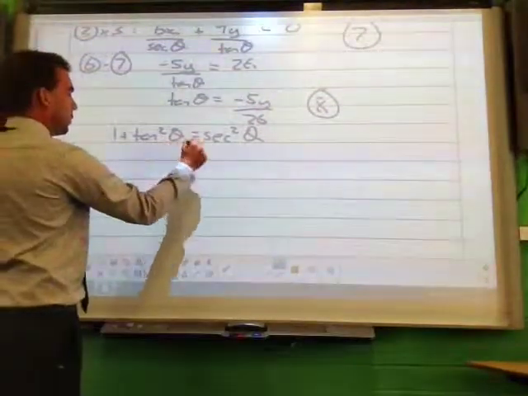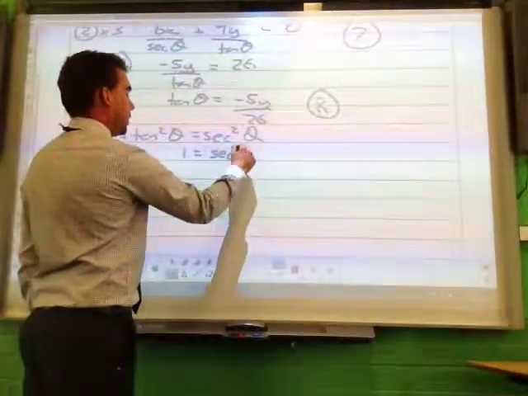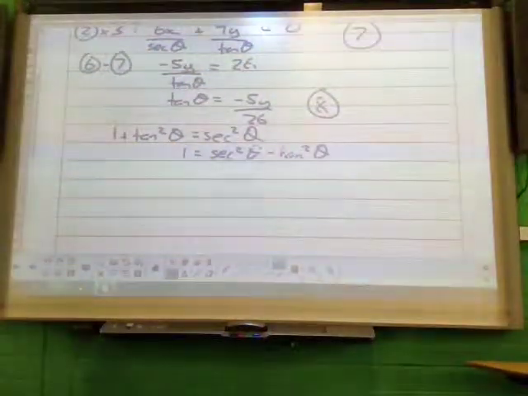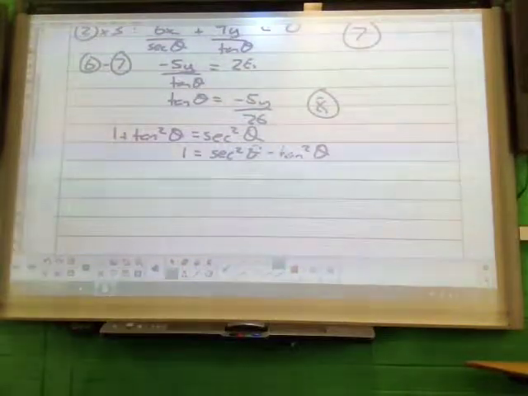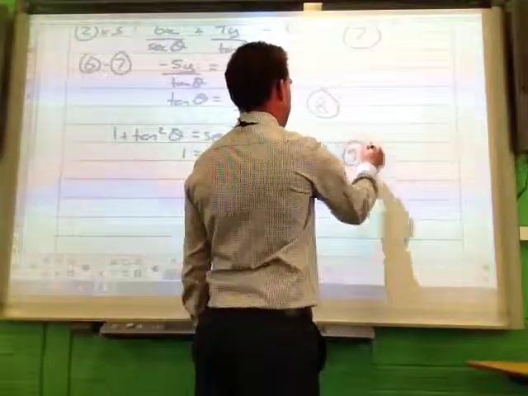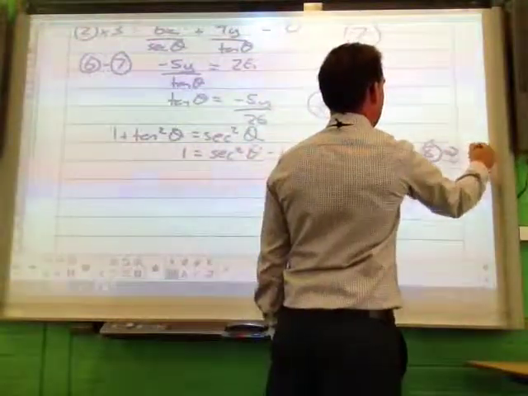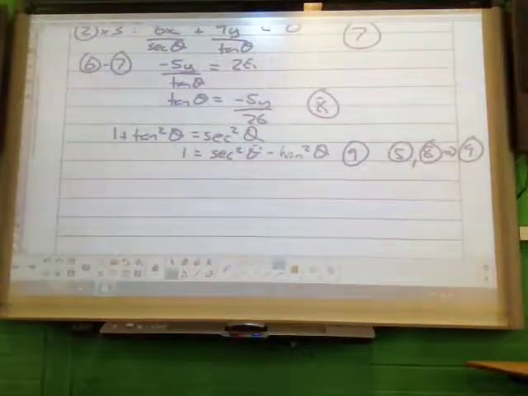So solve for 1: sec squared theta take away tan squared theta. Okay, so number 9, and we need to put equation 5 and 8 into 9, because I now have an expression for sec squared and tan squared.